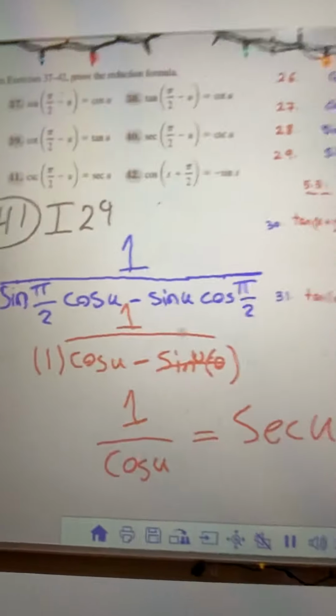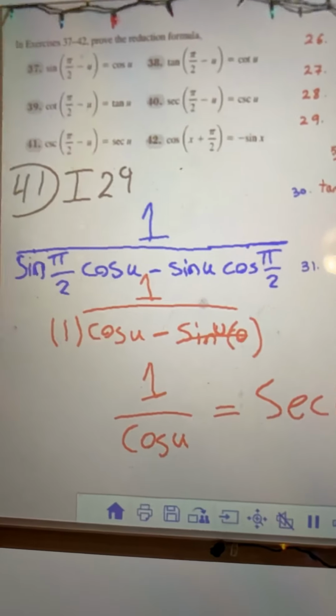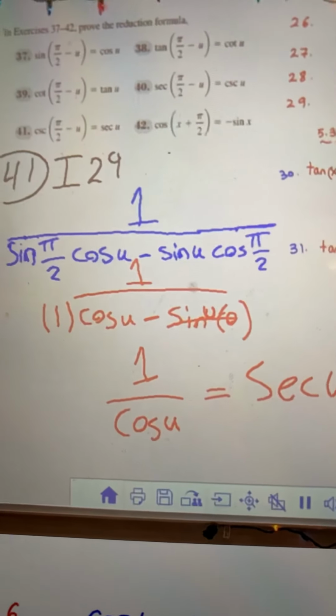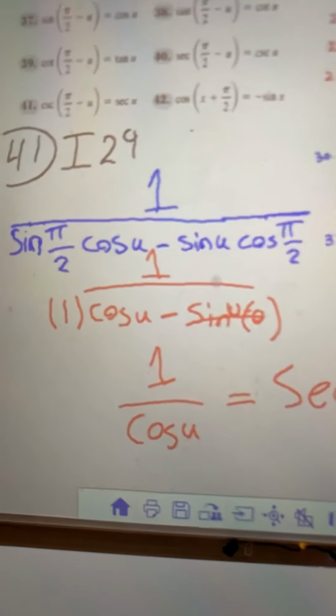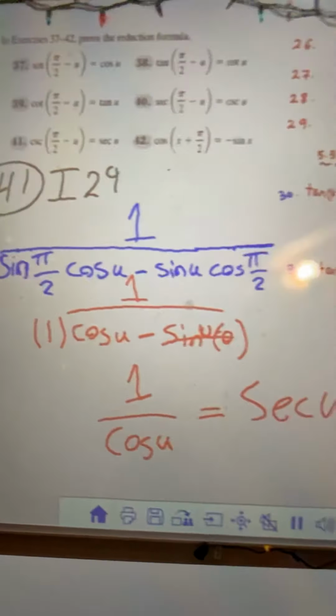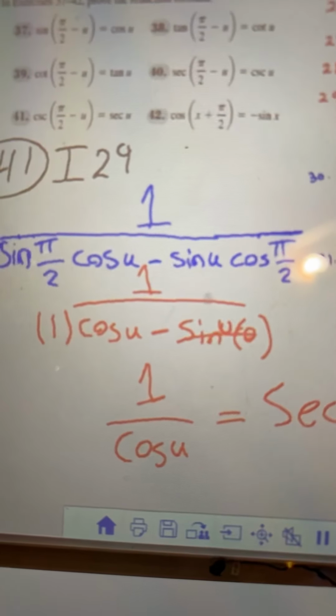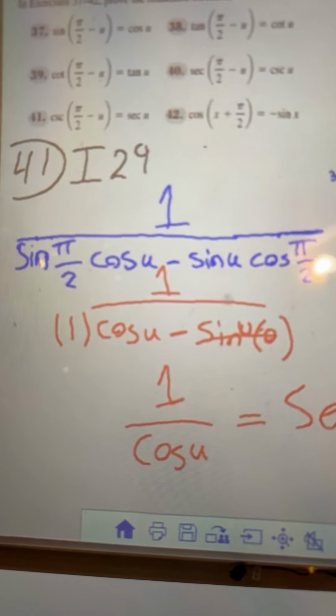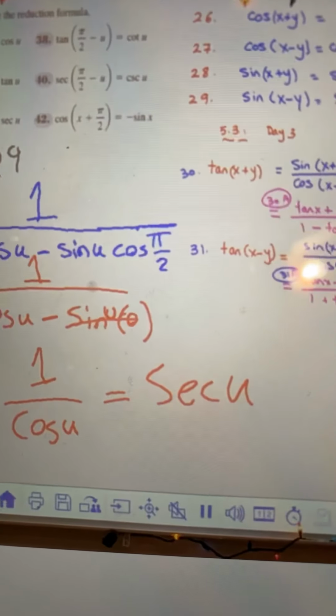So we did put identity 29. You apply it to the denominator. One of the terms is going to get canceled nicely because it has a 0 in it, because cosine of pi over 2, when you substitute it, is a 0. You get rid of that term and you are left with cosine u on the bottom, 1 over cosine is secant of u.